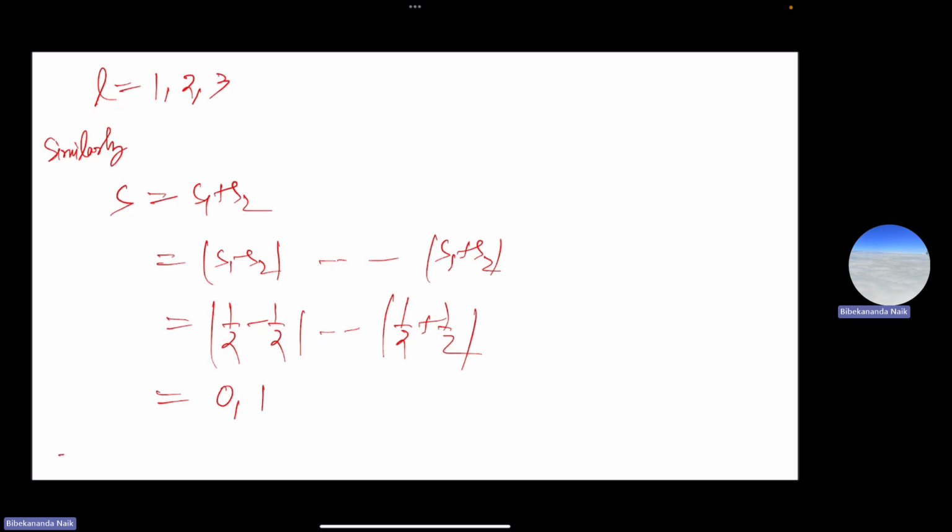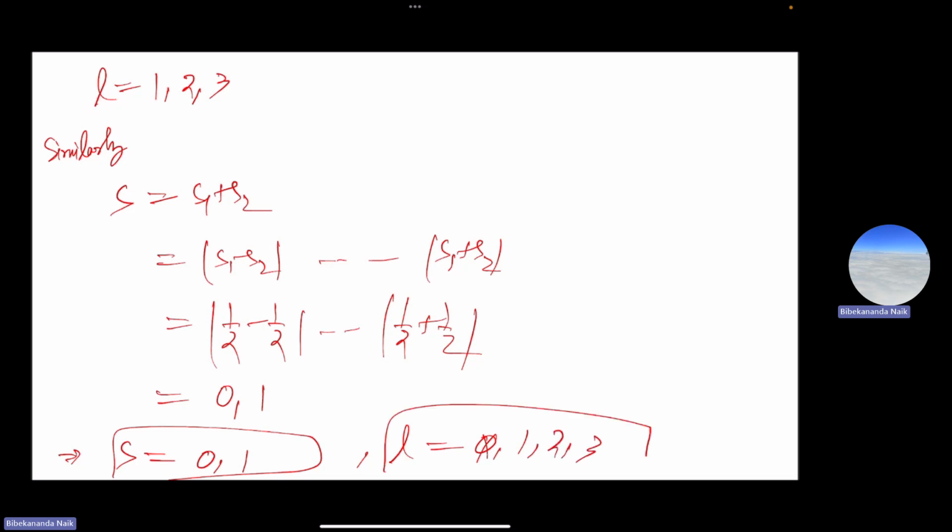So S will be 0 and 1. L will be, sorry, not 0, L will be 1, 2, 3. Now let's do the last step, that is calculating the value of J from LS.